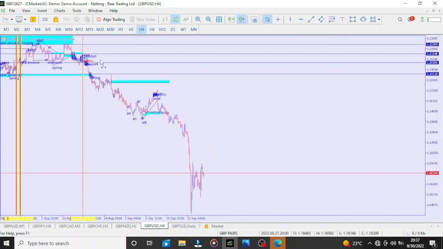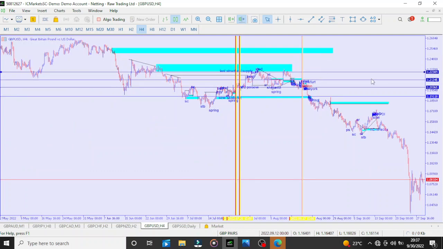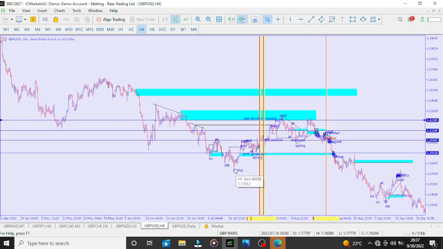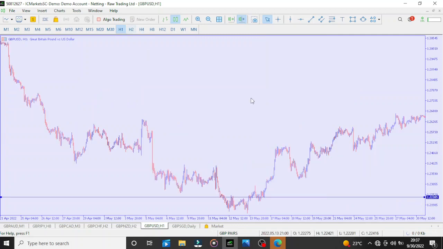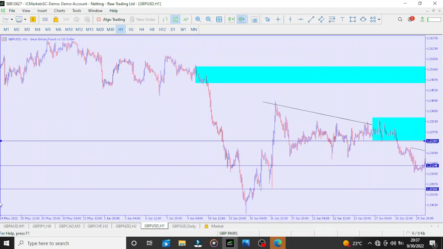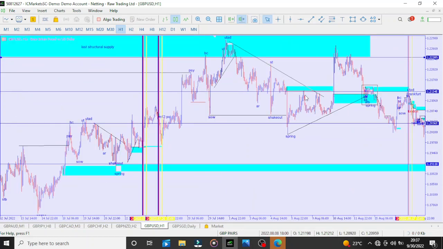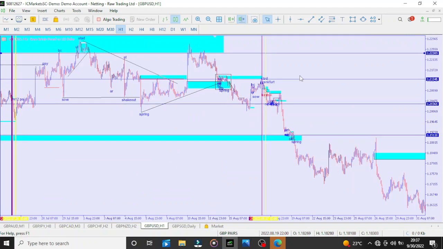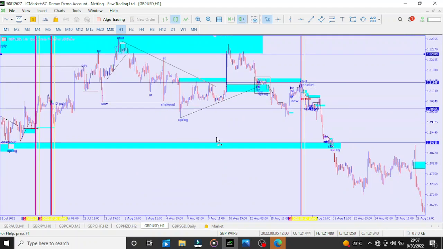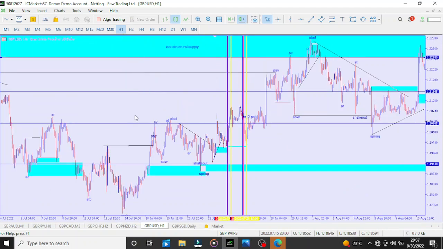I expected the price to create a new lower low. This was my entry. I expected the price to go below this lower low, to create a new lower low.